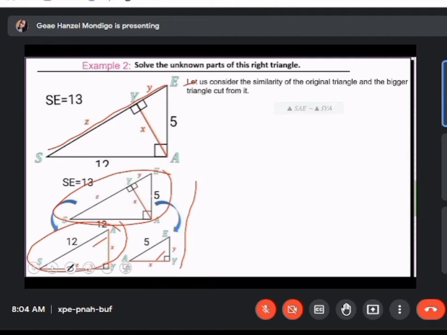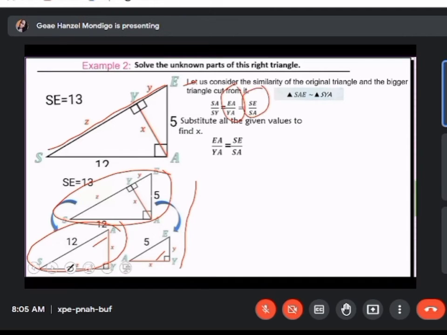So we could create a proportion SA over SY is equals to EA over YA is equals to SE over SA. To find the value of our x, we simply substitute these values. In here, we are going to use the second proportion and the last proportion since we are going to find the value of our x.